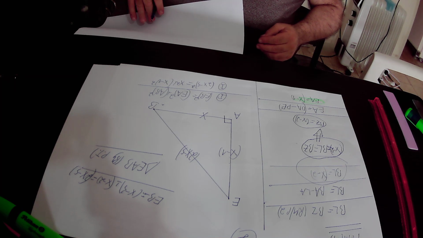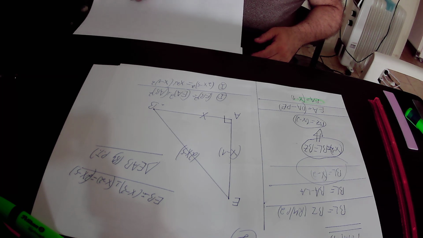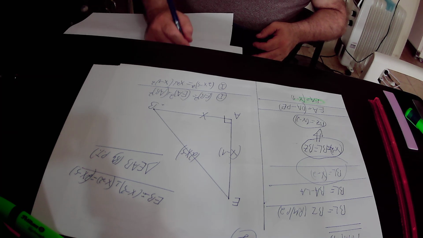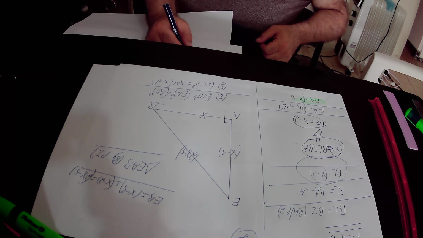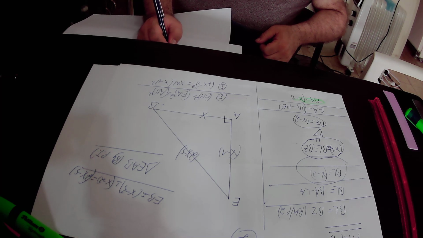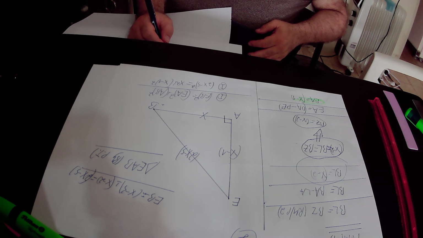According to the algebraic identity that I mentioned, (2x minus 5) squared will be equal to (2x) squared, that is 4x squared, plus 5 squared, that is 25, minus 2 times 2x is 4x, and 4x times 5 is 20x.